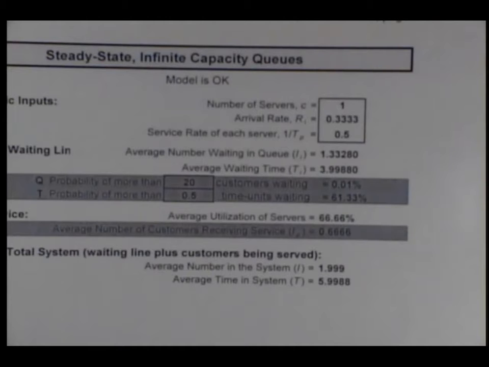I know the total number in the system, and I know the total number that are waiting. Subtract them. Yep. So if the total number in the system is basically 2, and there's 1.3 that are waiting, that tells me that on average there's 0.7 that are being processed. Okay? All right. So now we've gone through all of the key pieces of information.